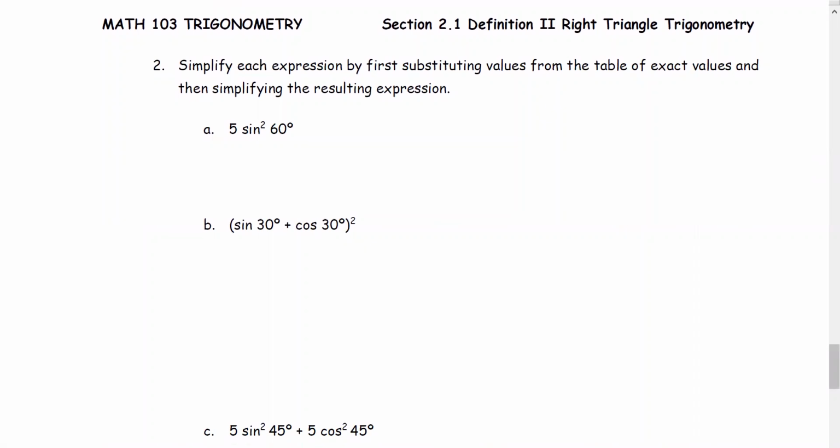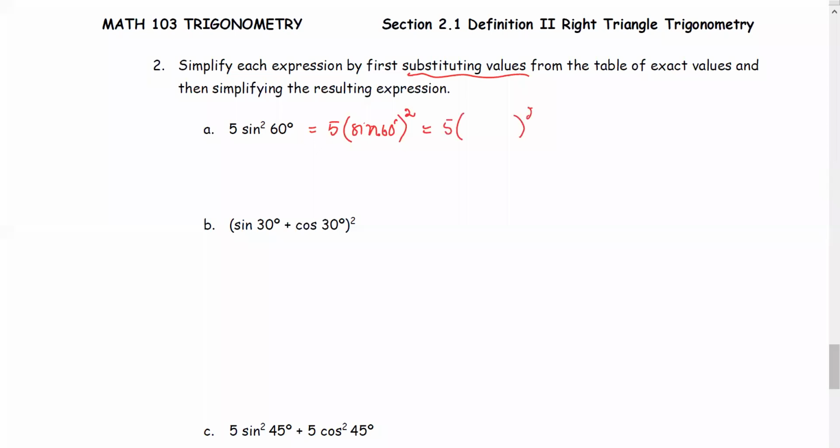Number 2, simplify each expression by first substituting values from the table of exact values and then simplifying the resulting expression. Part A, 5 times sine squared of 60 degrees, or 5 times the quantity squared of sine of 60 degrees.